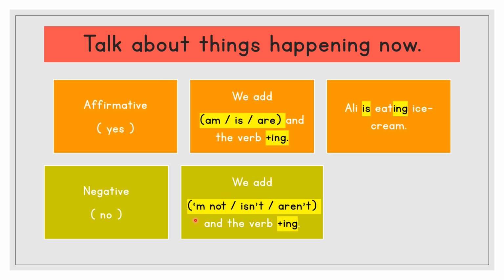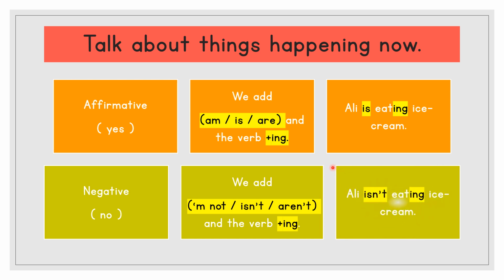Okay, we add am not, or isn't, or aren't. Macam ni, am jadi am not, is jadi isn't, are jadi aren't, and the verb plus ing. Macam eating lah sama, verb dia eat tambah ing, eating. So kalau ayat ni negatif, how? Macam mana nak tukar daripada Ali is eating ice cream to a negative form of the sentence? Okay, kita tengok sama-sama.